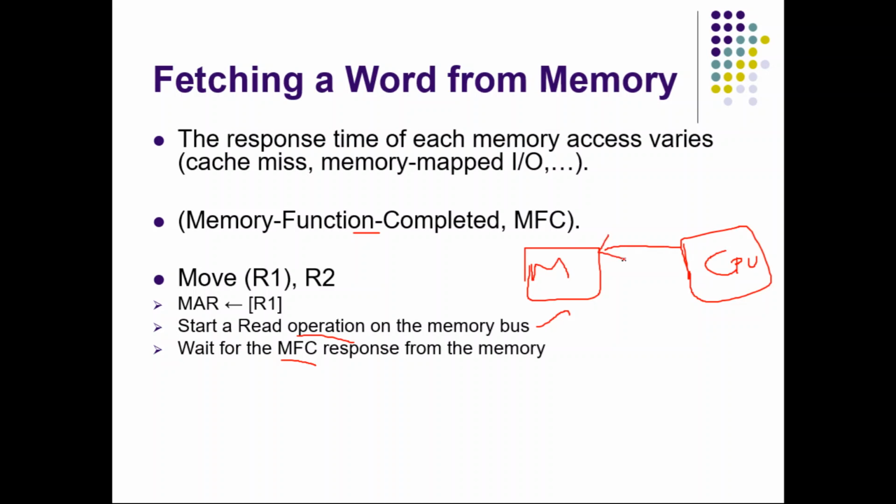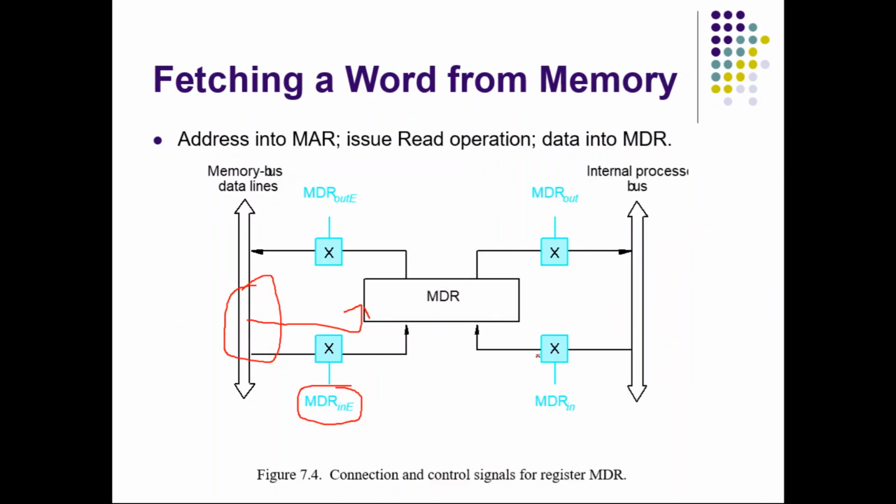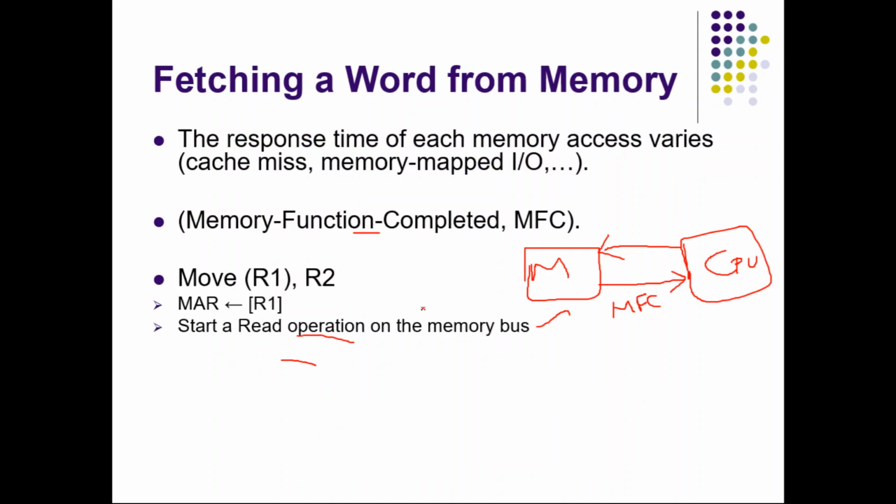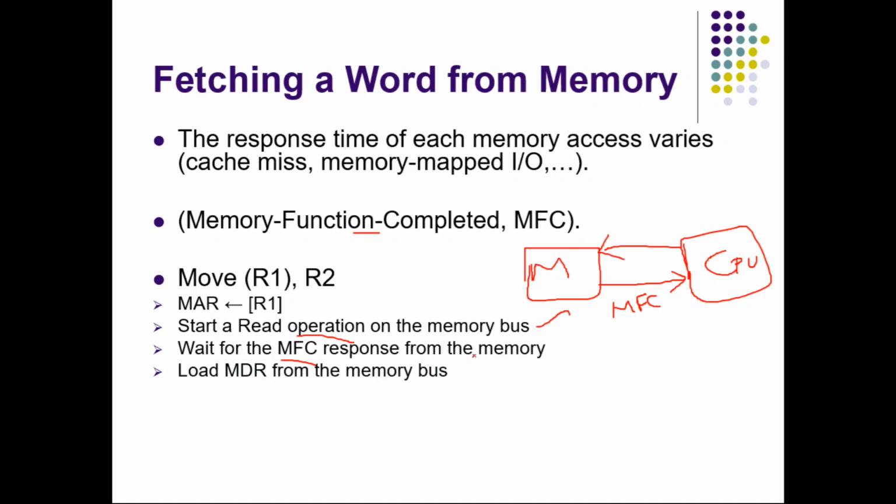Everything happens through MAR, but then the memory will respond back with MFC, memory function completed. Only then will the processor activate MDR in E, so that the data from the data bus can be moved to MDR. After starting the read operation, the processor waits for the MFC response from the memory. Once it is available, it will activate MDR in.